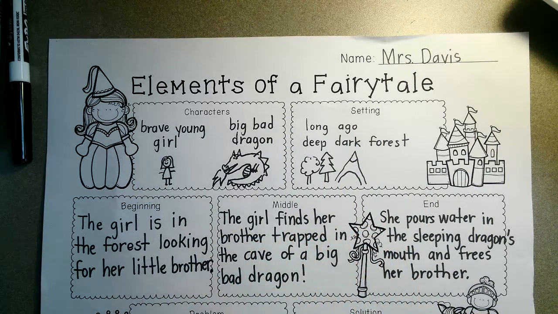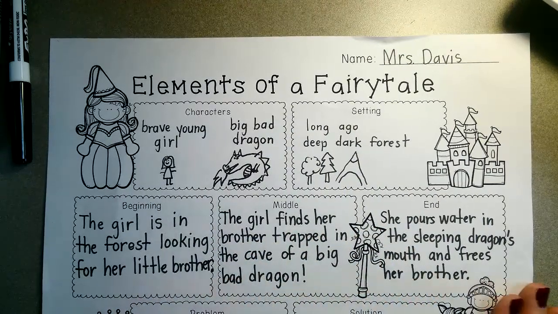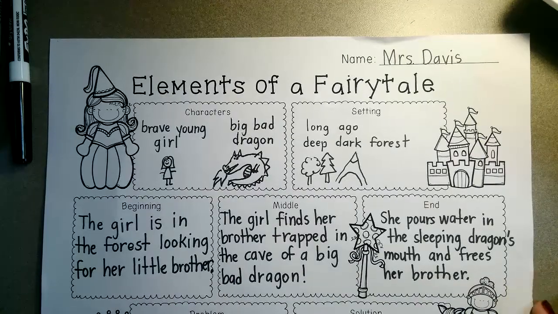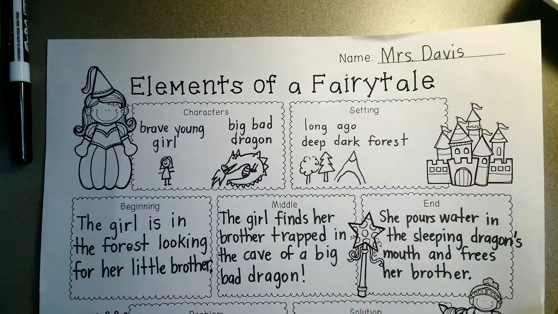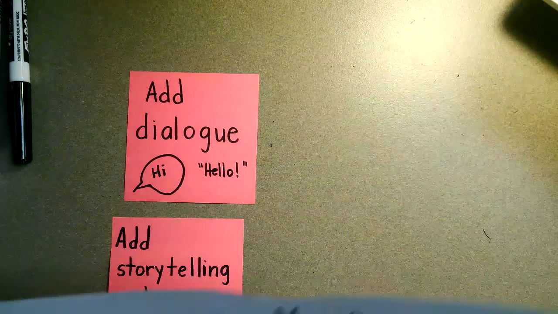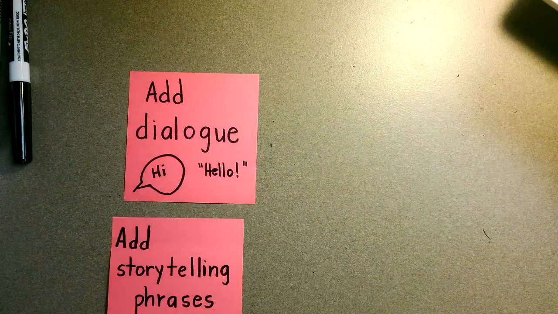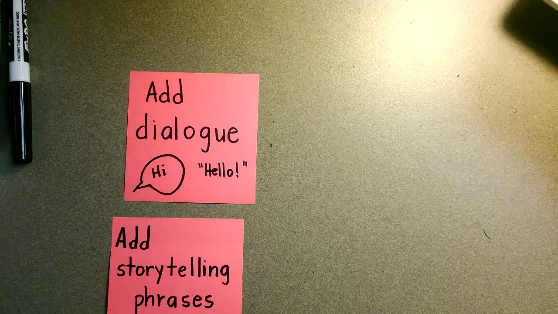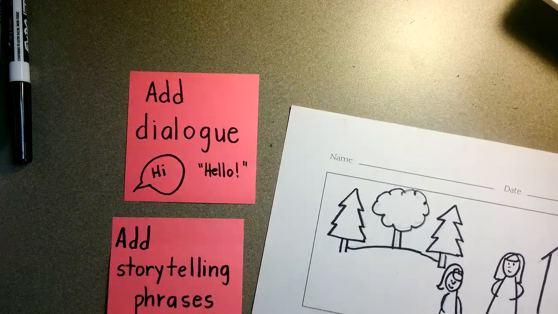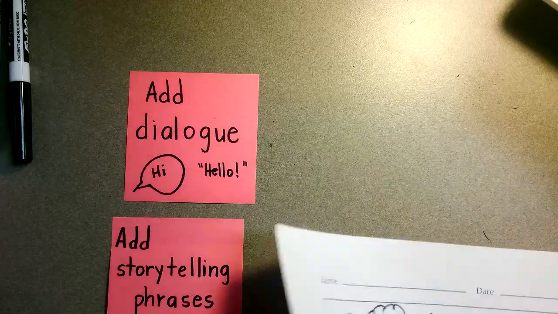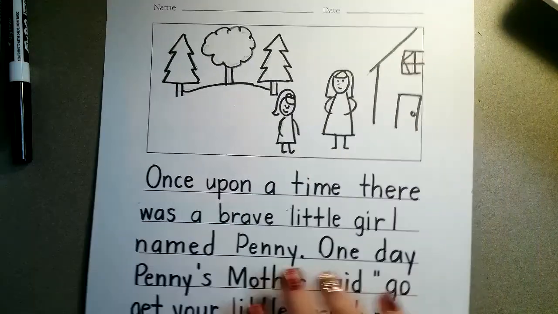We said in our story, we wanted to make sure that we had characters and setting, beginning, middle, and end. So make sure you have those. Remember, that can be for a fairy tale or for a small moment story. So thinking about my goals for today, add dialogue and add storytelling phrases.